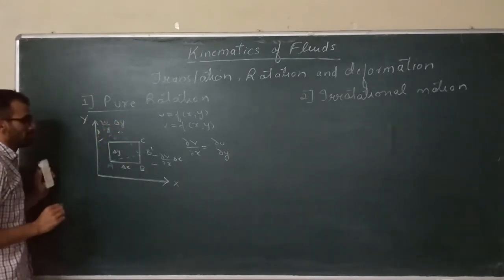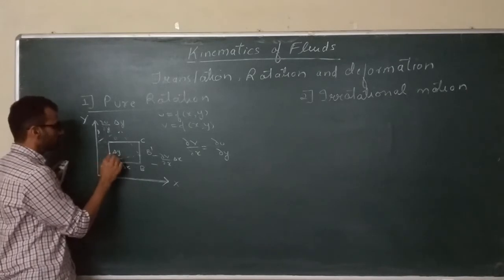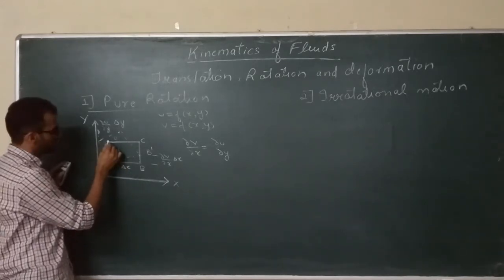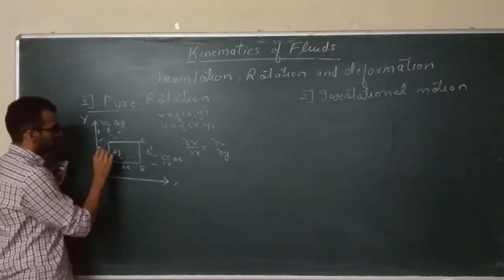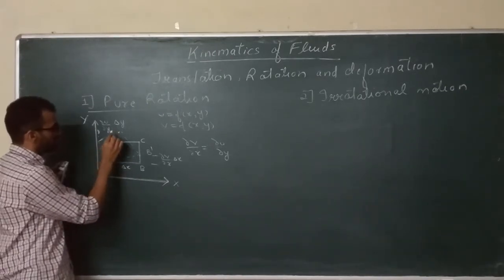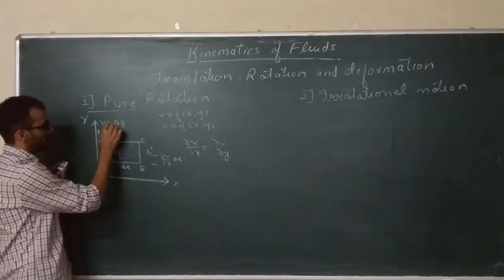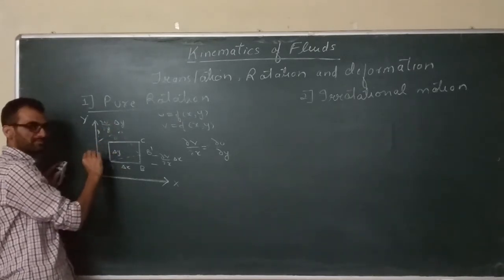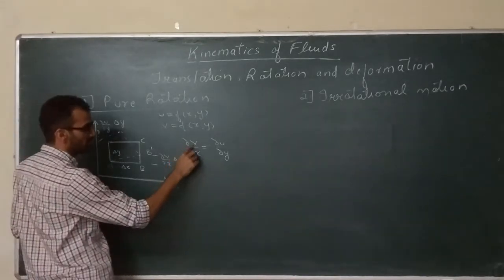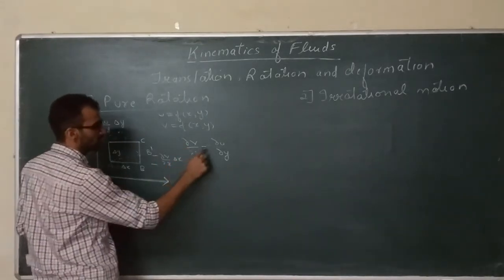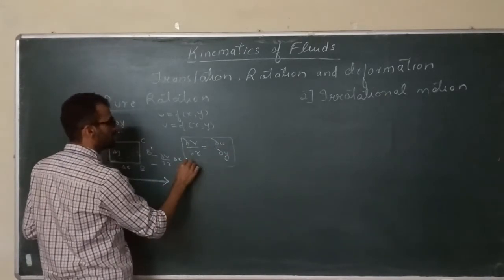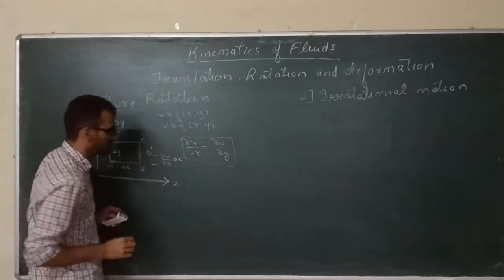But why has segment AD gone like this? The reason is that the horizontal velocity is changing with respect to y, but it is decreasing. Why is it decreasing? Because we assumed that del v by del x is positive. Then, if del v by del x is positive, what condition does the flow have to satisfy? That del u by del y should be negative.